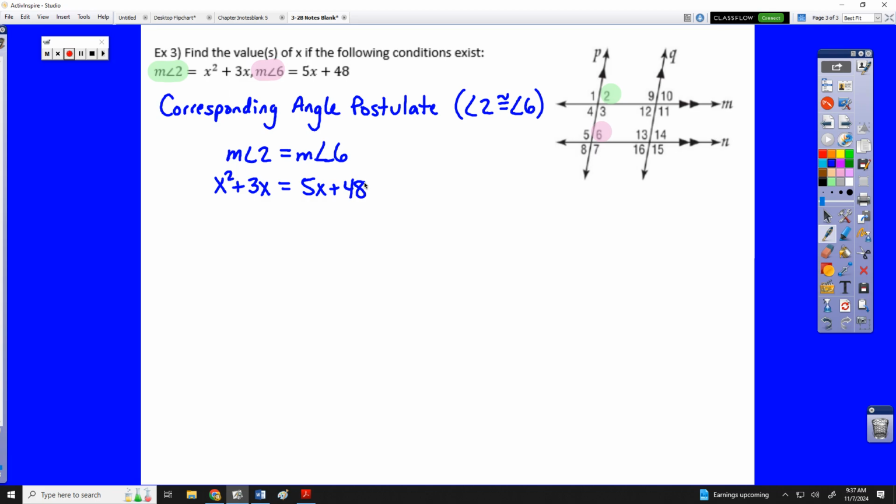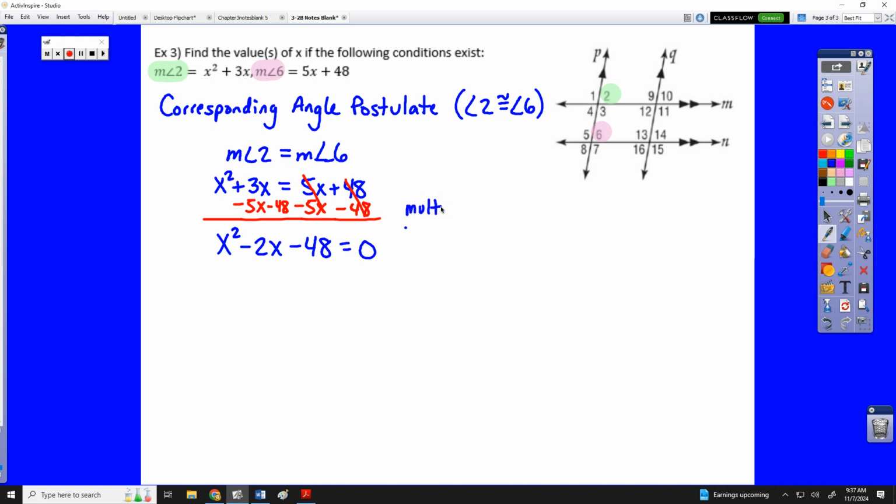Again, we have a quadratic equation. So if we're going to solve it by factoring or the quadratic formula, we need everything on one side. So we're going to move the 5x and the 48 to the left side in order to make the equation equal to 0. So we will have x squared minus 2x minus 48 equals 0.